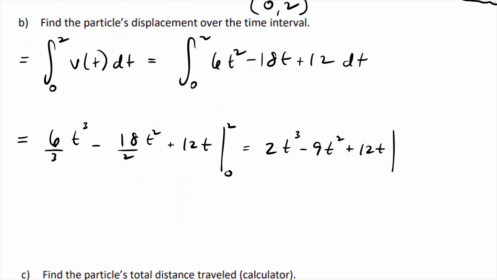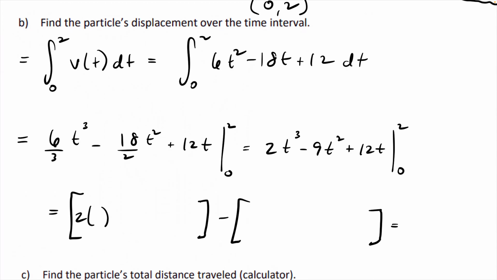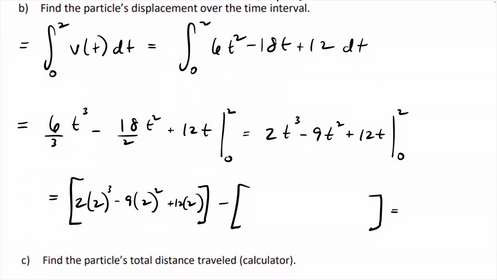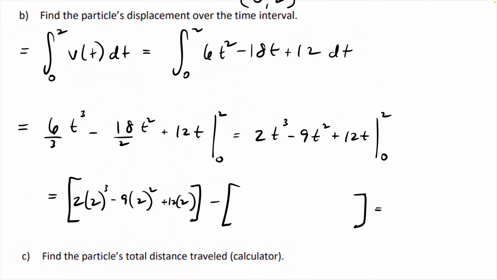And I have to evaluate that from 2 to 0. So I'm going to plug in 2, plug in 0, subtract them. So I'm going to plug in 2 first. Wait, we won't put plus C or anything like that? Nope, because I have bounds, 0 to 2.